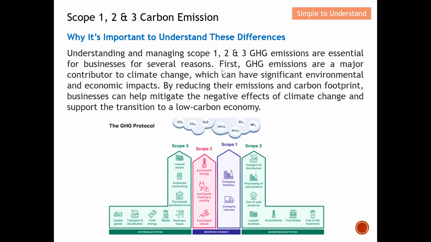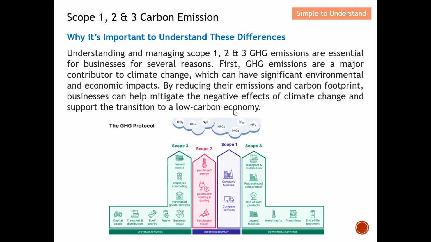First, greenhouse gas emissions are a major contributor to climate change, which can have significant environmental and economic impact. By reducing their emissions and carbon footprint, businesses can help mitigate the negative effects of climate change and support the transition to a low carbon economy.